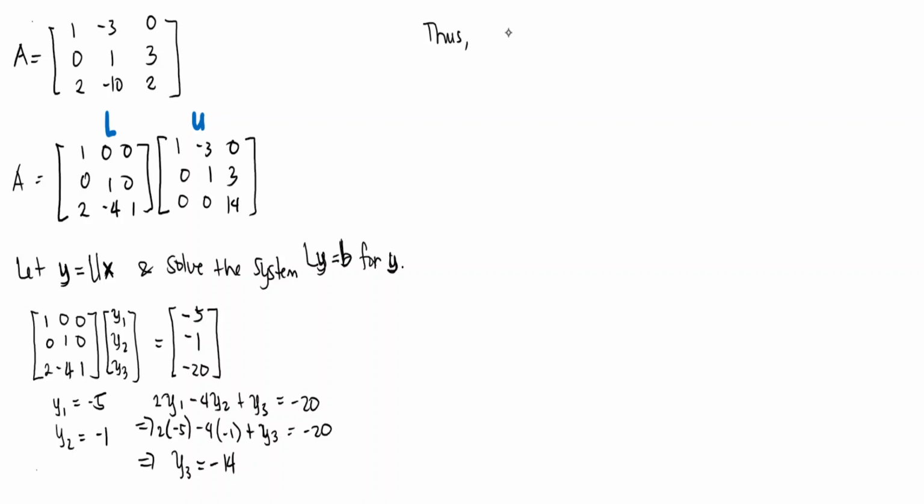Thus, the column matrix y, with y sub 1, y sub 2, and y sub 3, has these values: negative 5, negative 1, and negative 14.